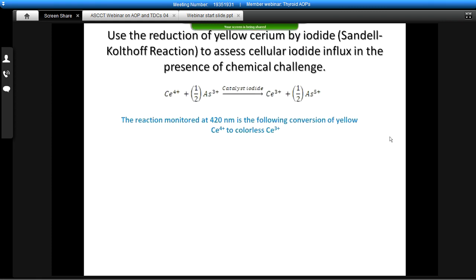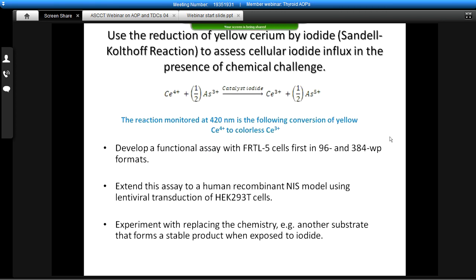So just to give you a small preview, I'm really interested in this candidate chemistry, the Sandell-Kolthoff reaction, whereby yellow cerium is reduced in the presence of iodide to a clear product. So essentially, if the sodium iodide symporter is functional and taking iodide into a cell, then that iodide will reduce the yellow cerium to colorless cerium.